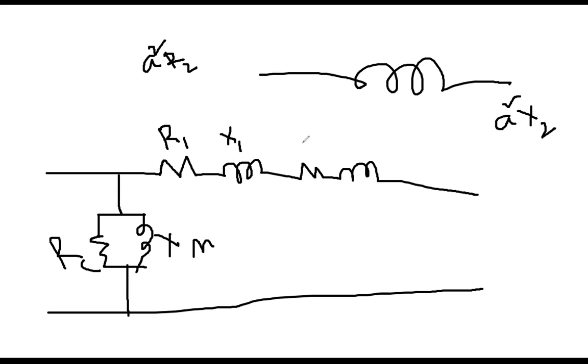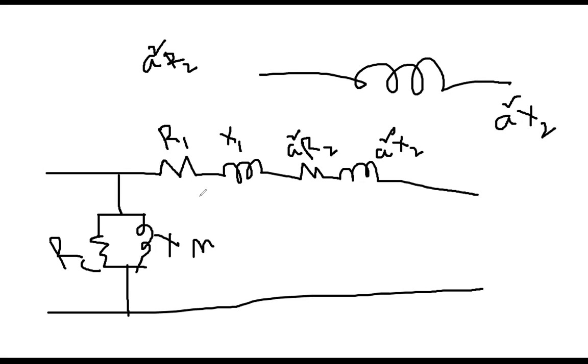Now this one is A square R2 and this one is A square X2. This means I have now transferred everything from the secondary side to the primary side. And I have moved the magnetizing core portion to the leftmost side. This is the assumption. This is the approximate equivalent circuit.